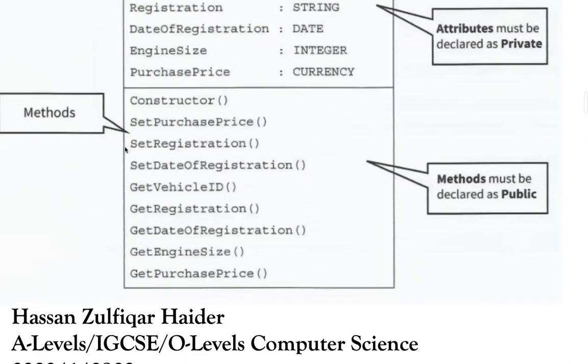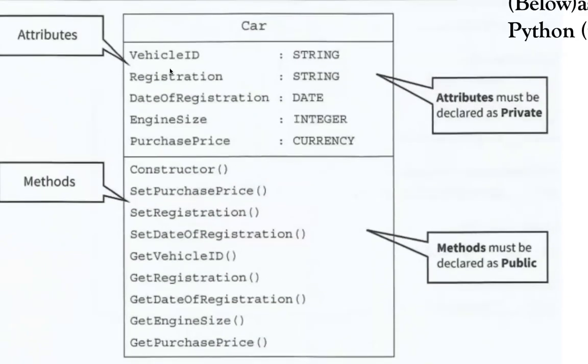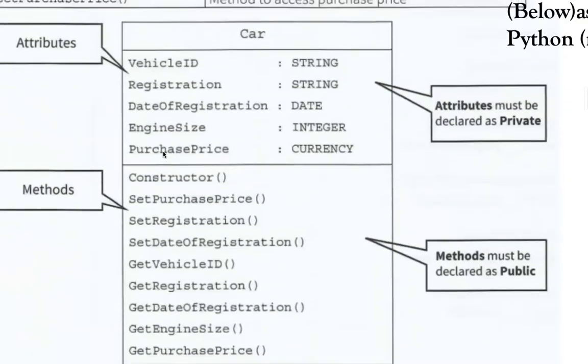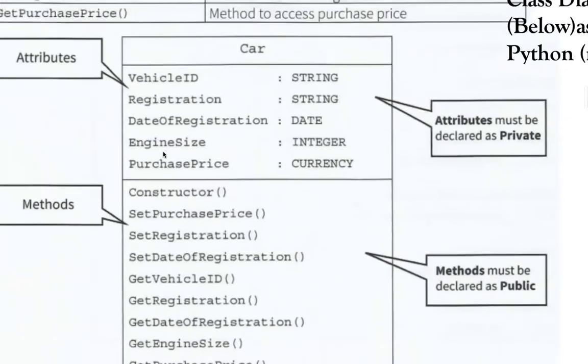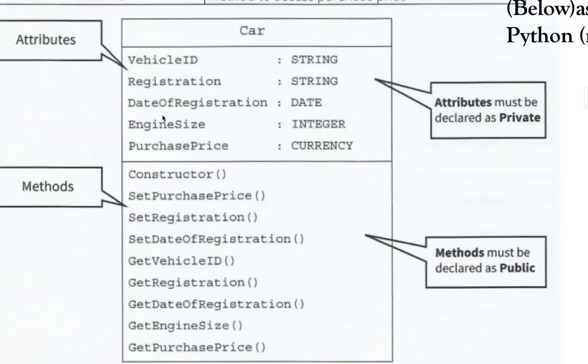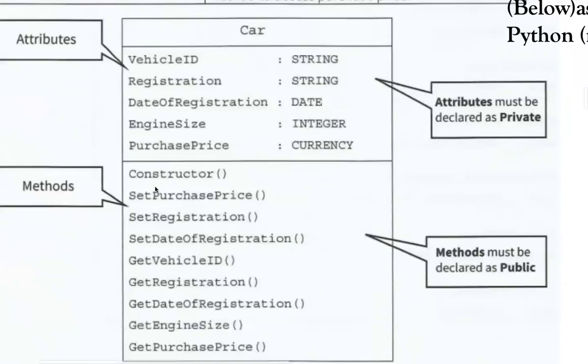These attributes are private, and I have these methods which are public. I choose what methods to include in my class definition. They should be setter and getter methods, but for what attributes am I allowing setters? I am in control. I'm only allowing purchase price, registration and date of registration to have setters.